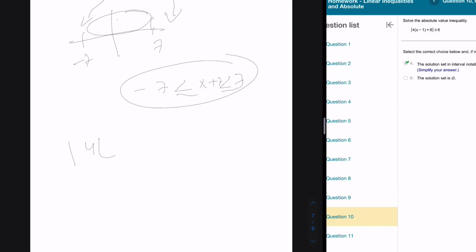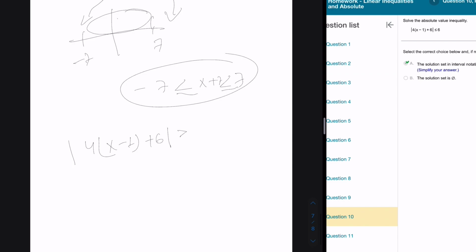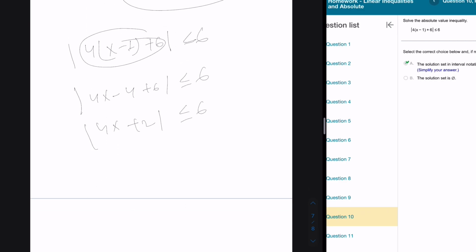Now we have to first solve the absolute value before doing anything, like into the absolute value. So first solve this thing, 4x and minus 4 plus 6, then 4x plus 2, then 6, and after that we will do the same thing.